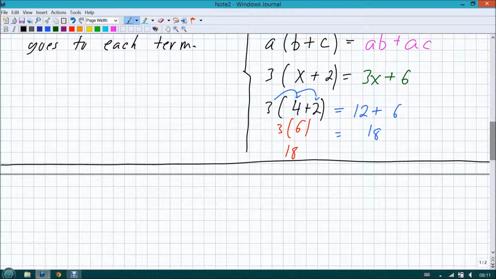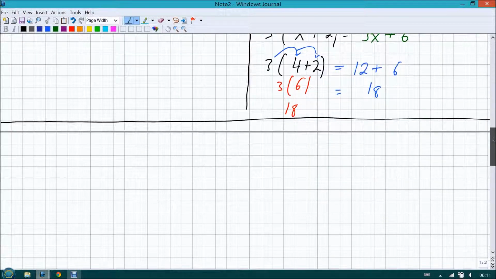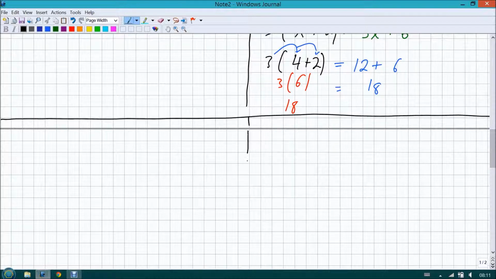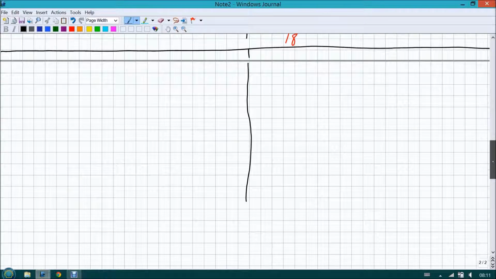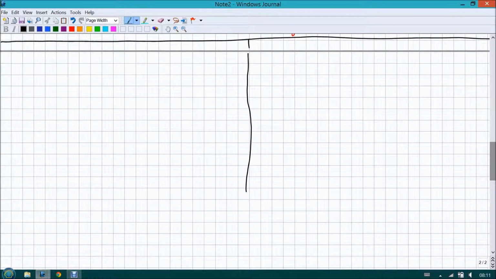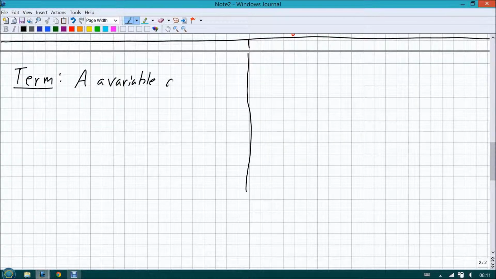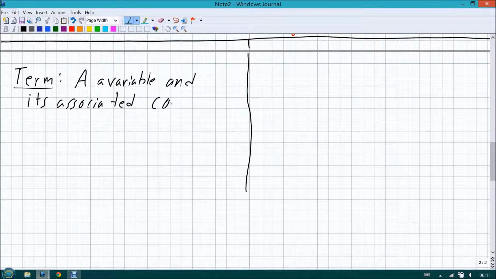Next up, we have the term and like terms. These definitions are kind of important because if we don't know what terms and coefficients are, we're going to be in big trouble. So our first one is the term. A term is a variable and its associated coefficient.